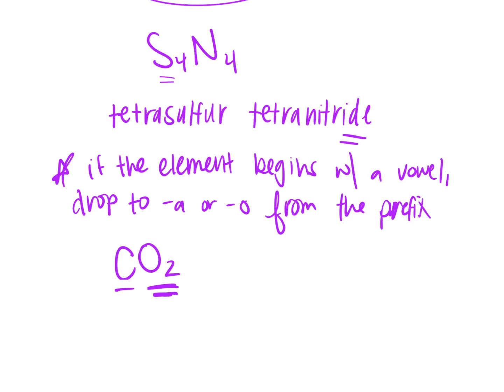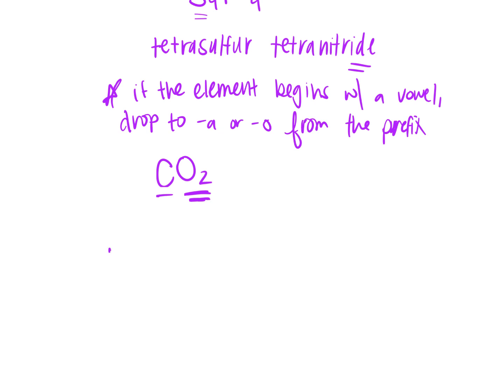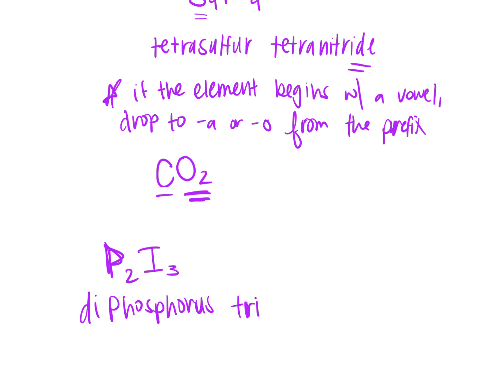So if we have a formula that looks like P2I3, let's go ahead and name this one. What would we call it? Di what? Diphosphorus. Not diphosphide, diphosphorus. Then what? This one doesn't apply to I's, so we actually keep both: triiodide.